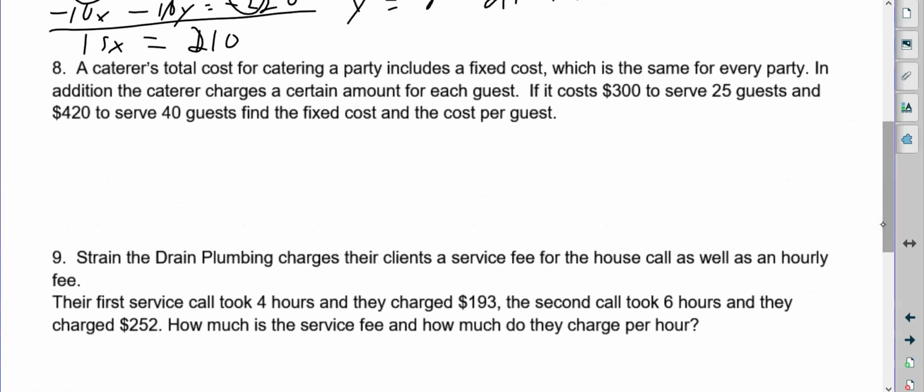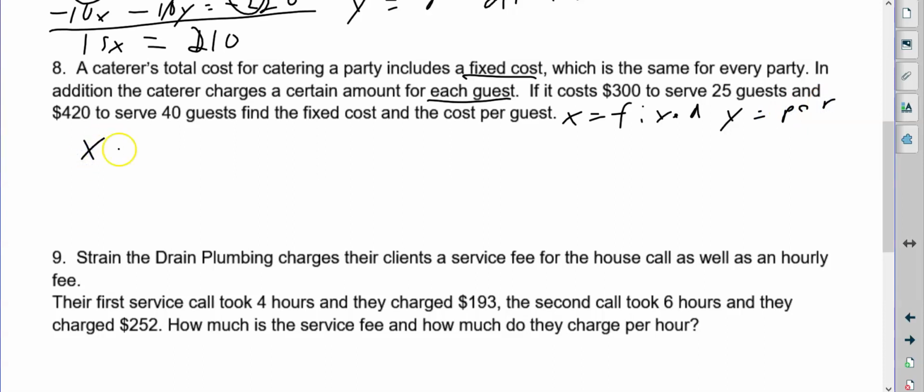Okay, so we have a fixed cost and a per guest cost. So the fixed cost is not going to change. It costs $300 to serve 25 guests, $420 to serve 40 guests. So X is going to be our fixed cost, and Y is going to be our per person cost, whatever you want to do.